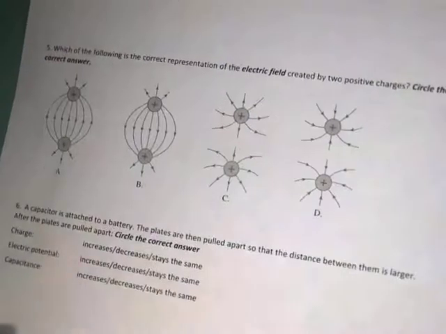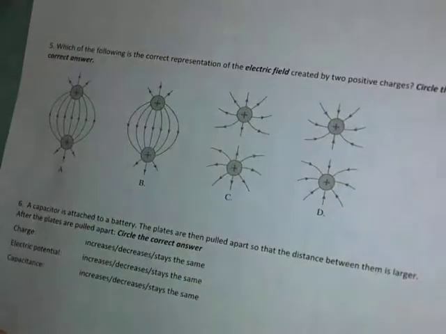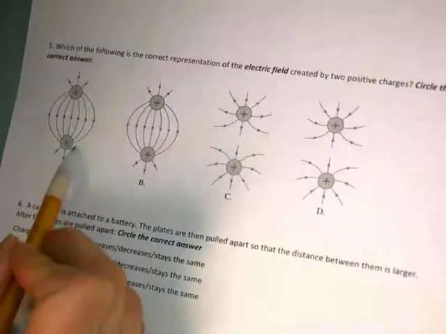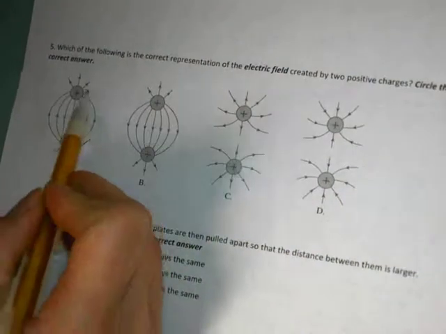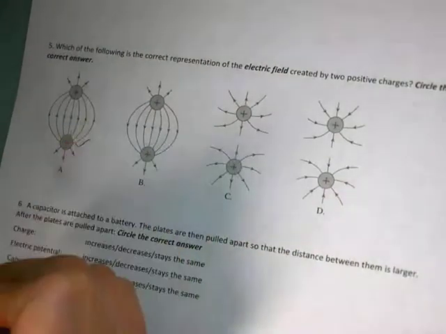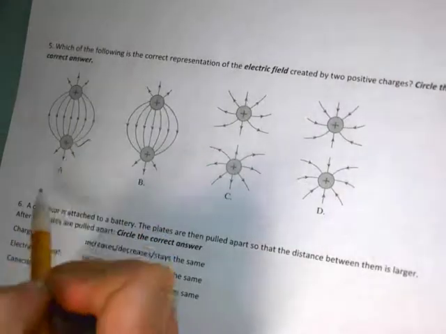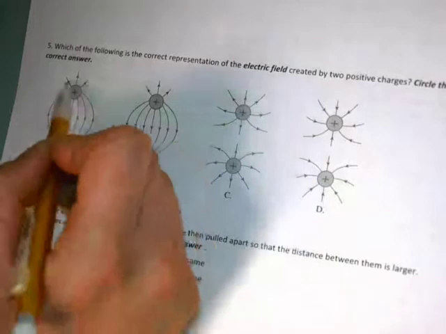All right, so the next question is what's the correct representation of the electric field created by two positive test charges? We know the electric field points away from positive charges, so that's what we're looking for. Down here they point away, and pointing away.